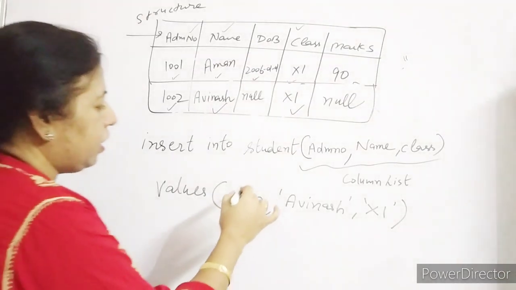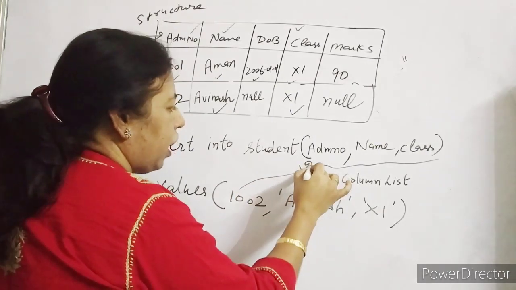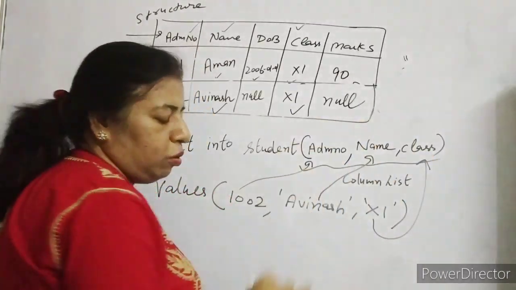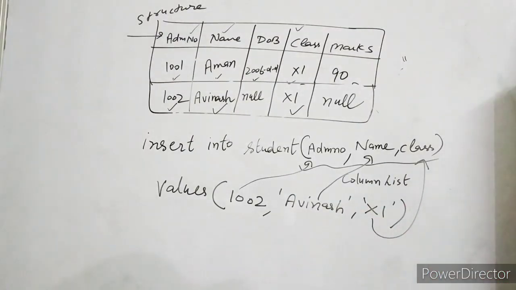Now you can see this value is assigned to this, and this value is assigned to this. In this list, I have not mentioned DOB and marks. It means automatically the null value will be assigned to those columns. This is the third way to enter the record.